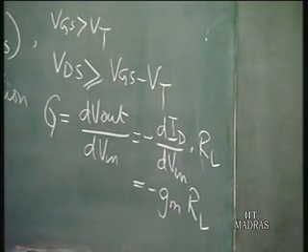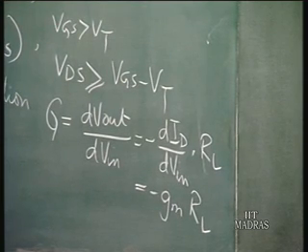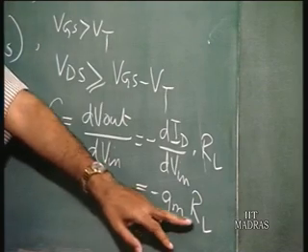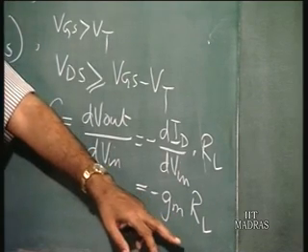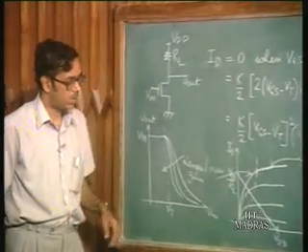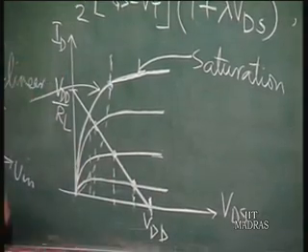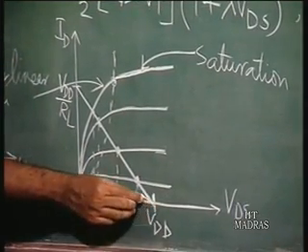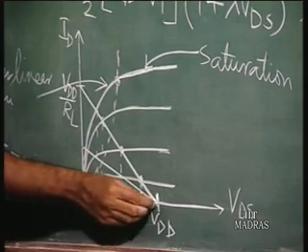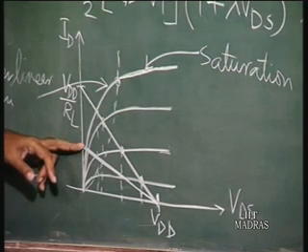So if you want to have a higher gain, one way would be to increase the load resistance. If you increase the load resistance, what happens to the load line? The load line is going to be something like this. That is, if the load resistance is higher, the load line is going to be the lower curve here.